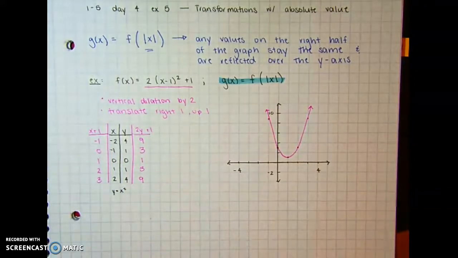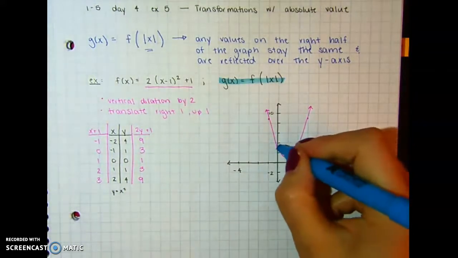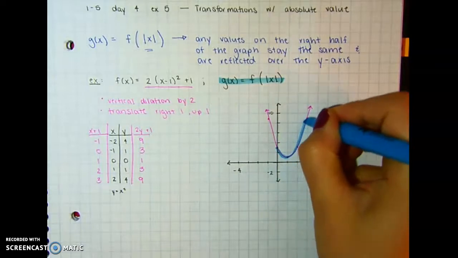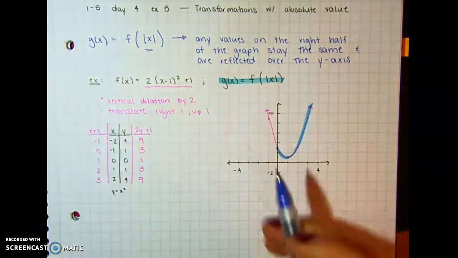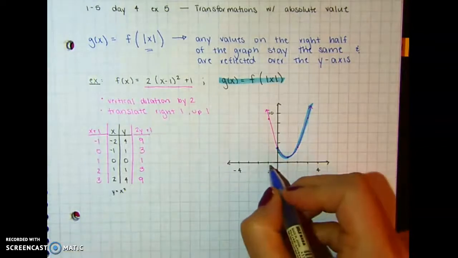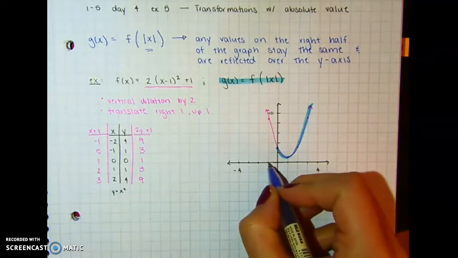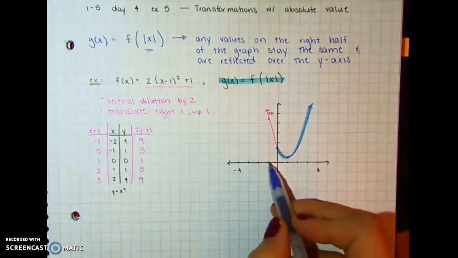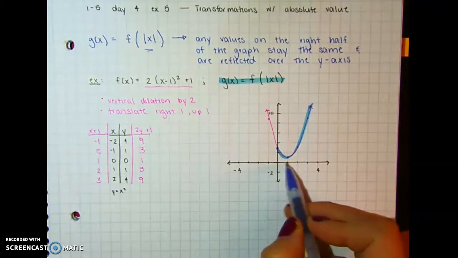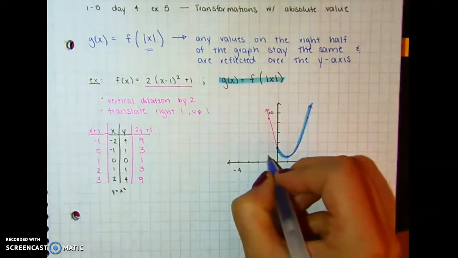So all of that is still a part of the new function. But now we also are going to have negative 1, 1.